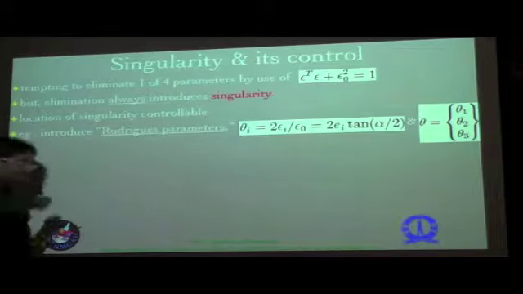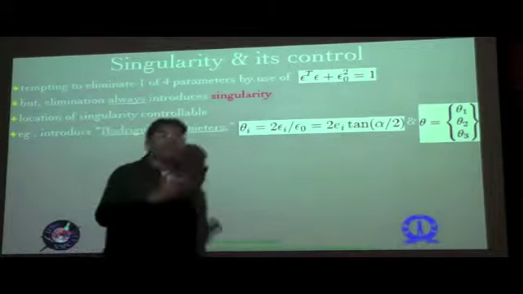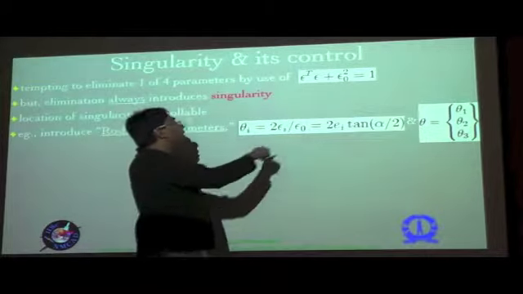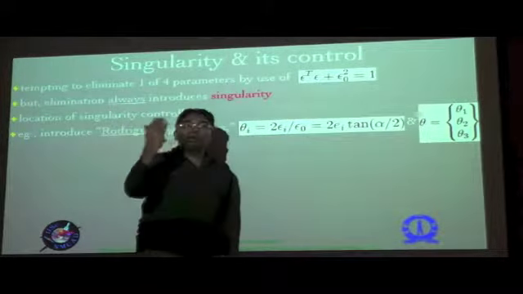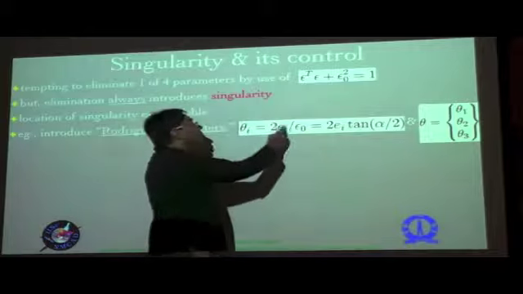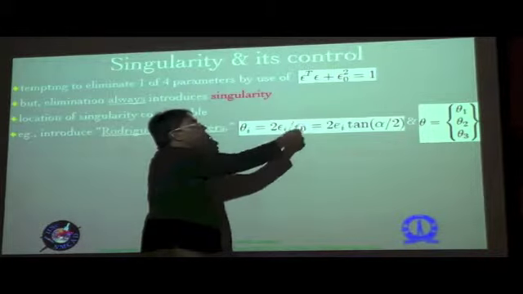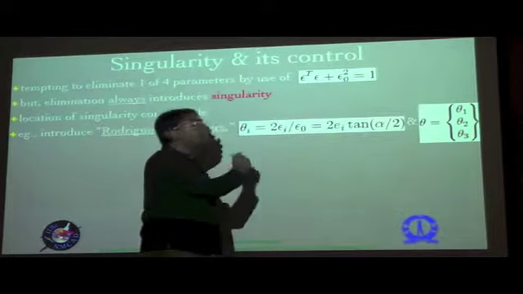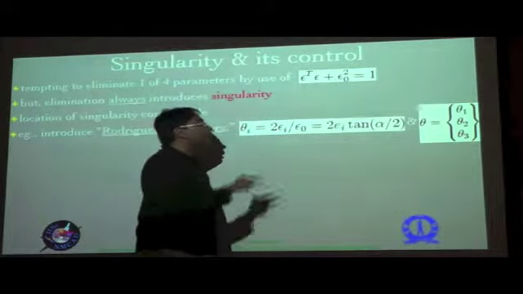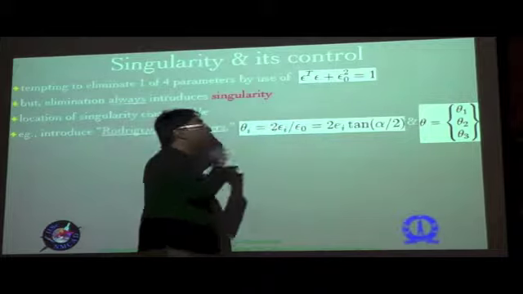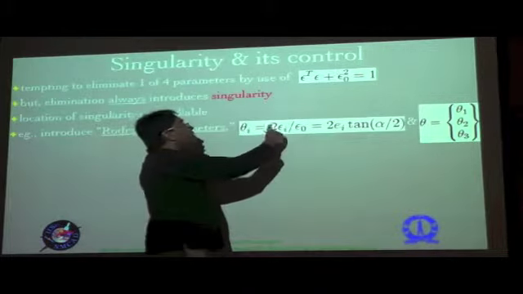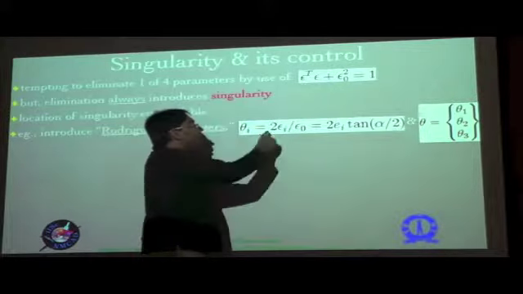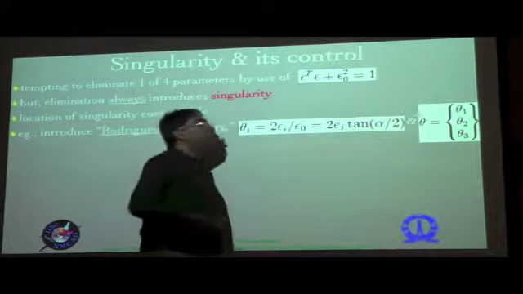So Rodrigues parameters are only 3 because they eliminate one of the variables. All that they do is take the same 4 Euler parameters and divide the first 3 by the 4th one, which is epsilon naught, and multiply by a factor of 2. You will see the reason for that later when you see where the singularity comes. So the theta i, which are only 3 in number, are defined as 2 epsilon i divided by epsilon naught.